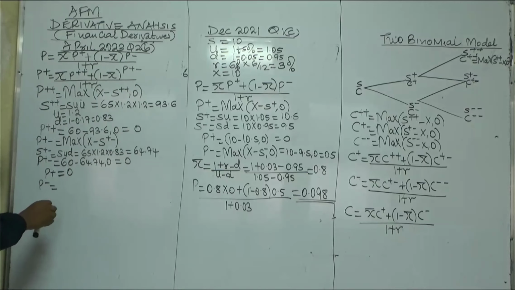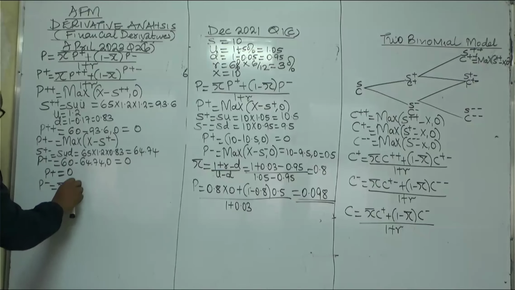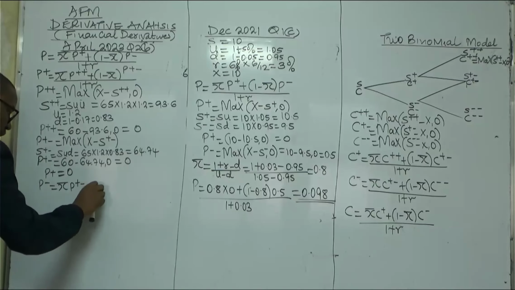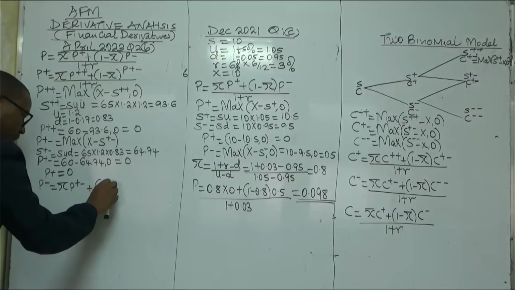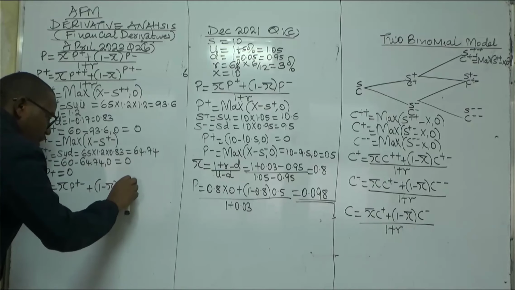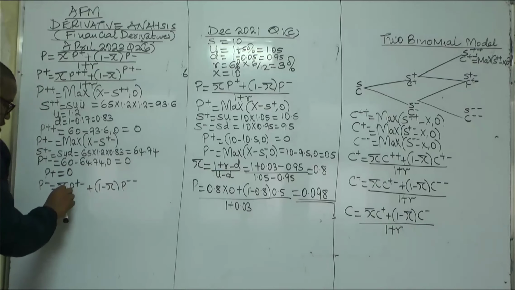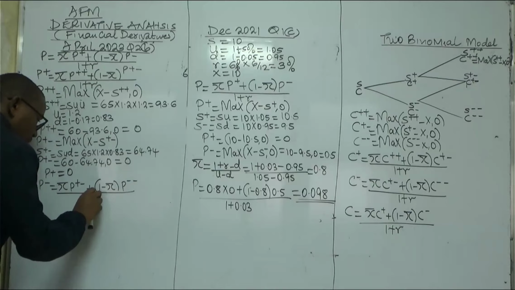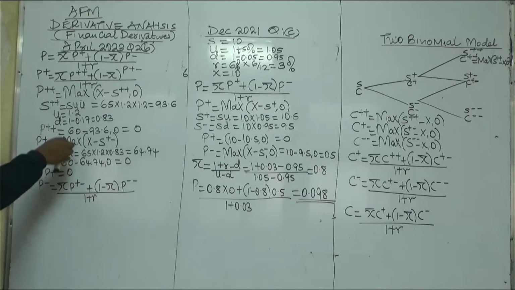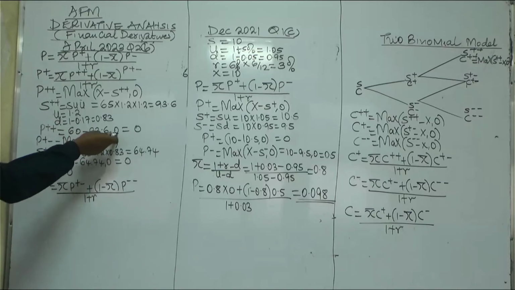And then from there we'll also need P minus. P minus will be given by the risk neutral probability, P plus minus, plus 1 minus the risk neutral probability, P minus minus, divided by 1 plus R. We know P plus minus is already 0.